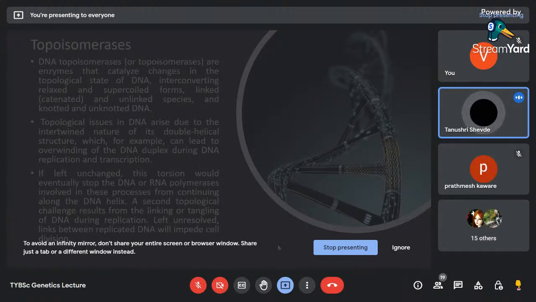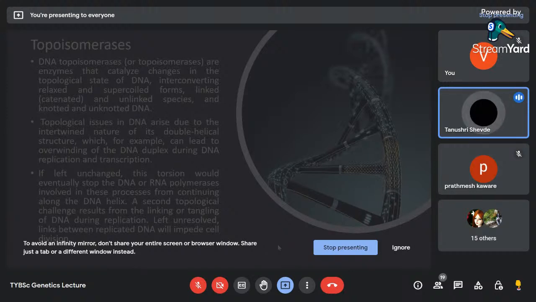As we all know, topological issues arise in DNA due to the intertwining nature of the double helix. As sir has given us the example, if we take two rubber bands and keep overwinding them, then pressure will occur on them. In the same way, the DNA also will produce it. If left unchanged, this torsion would eventually stop the DNA or RNA polymerase involved in this process from continuing along the DNA helix.